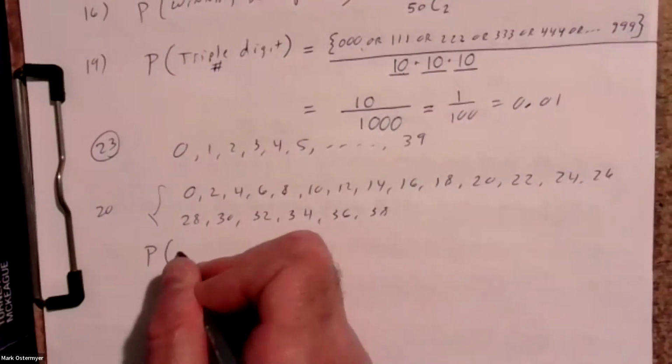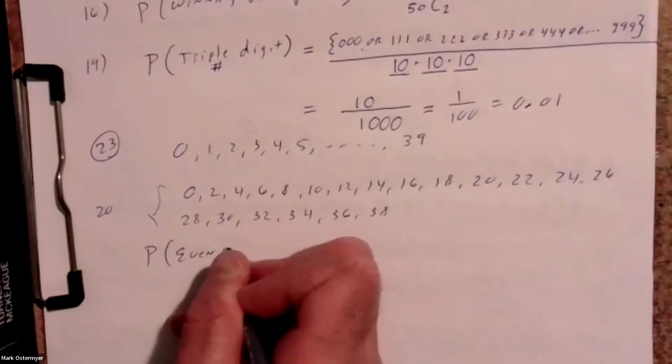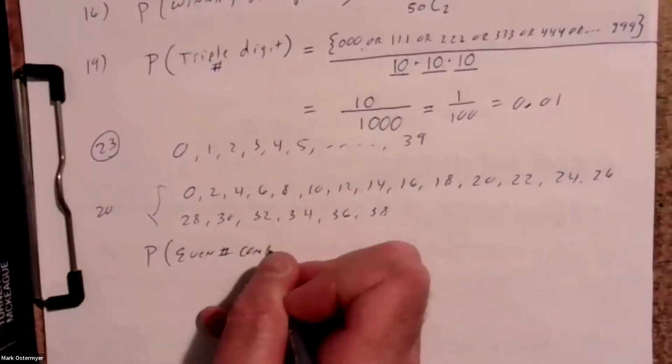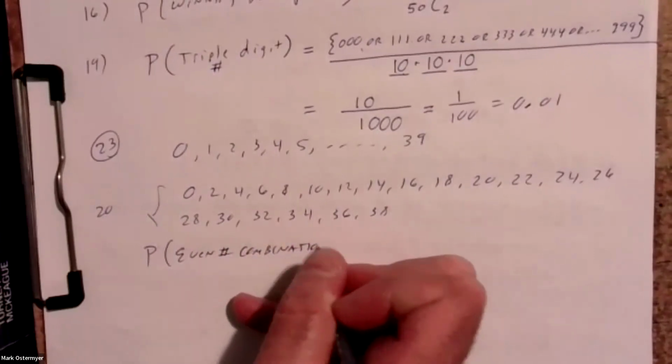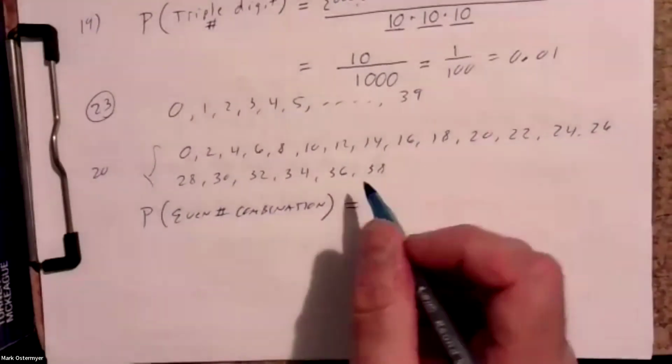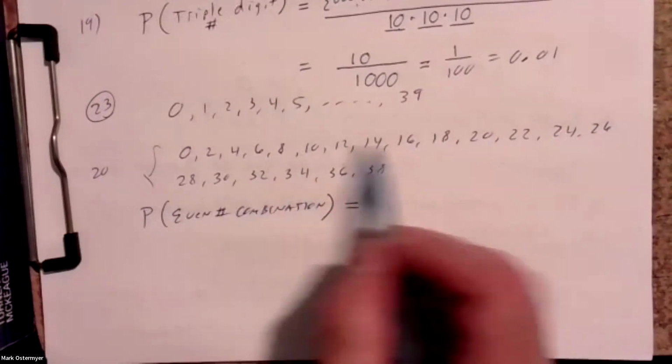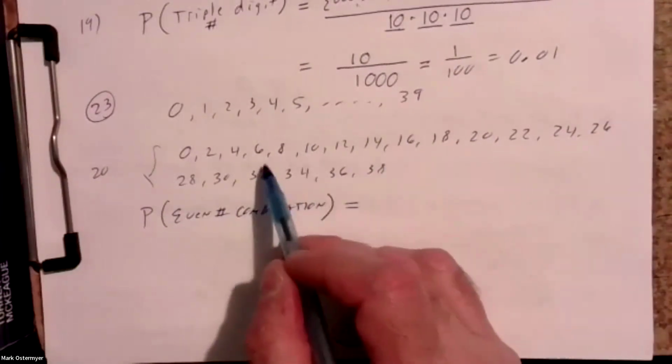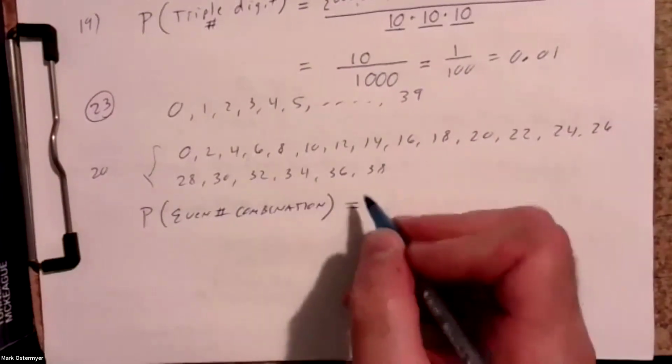So what's the probability of choosing an even number combination, if order matters, of course, because it does for a combination lock? How many ways can I choose 3 of these even numbers from the 20 that are available if order matters?